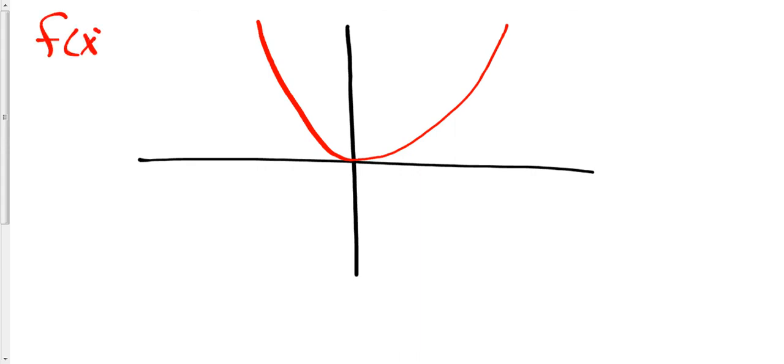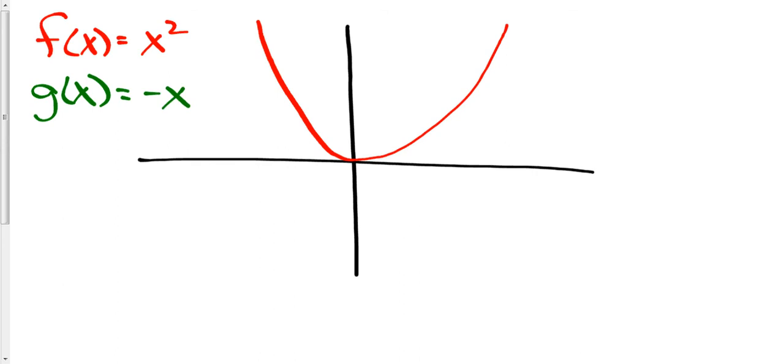I'm going to add a page and draw a graph. This is x squared, yes? I'm going to call this g of x. I'm just giving my function a different name. Instead of calling it f, I'm calling it g.